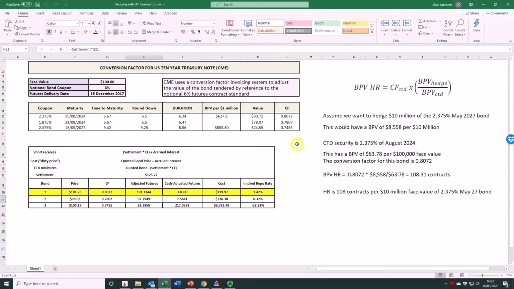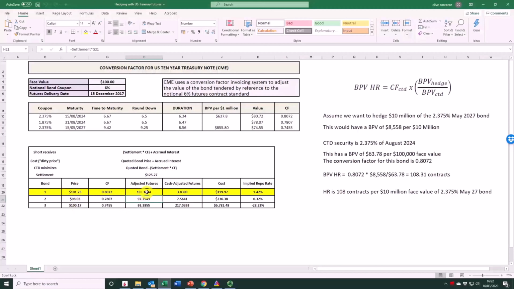In order to determine this CTD bond, or cheapest to deliver, we need to apply an adjustment to the settlement price here, the futures settlement price, based on the conversion factors for each of the three bonds.